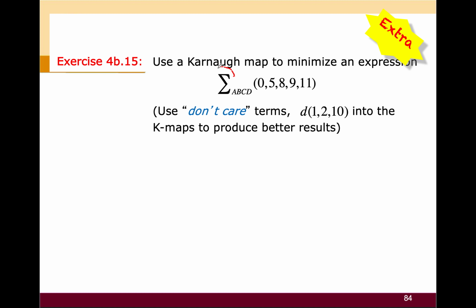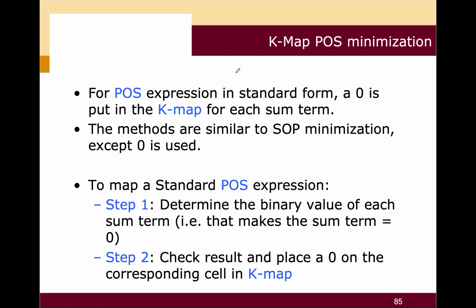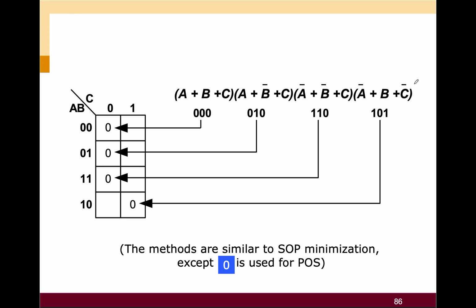So this one, you will notice it is a sigma, and sigma is SOP. If this is pi, please make sure you know it is POS, and then you need to put the output of 0 only. So KMAP POS minimization is similar, only that all of these you will put as 0.